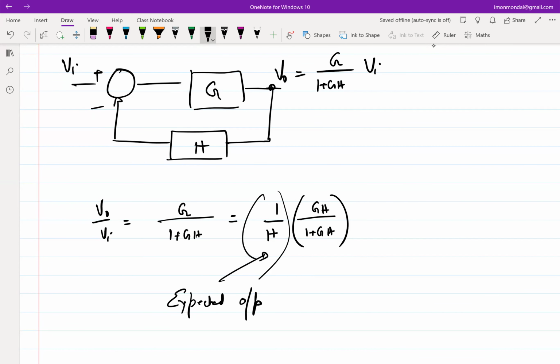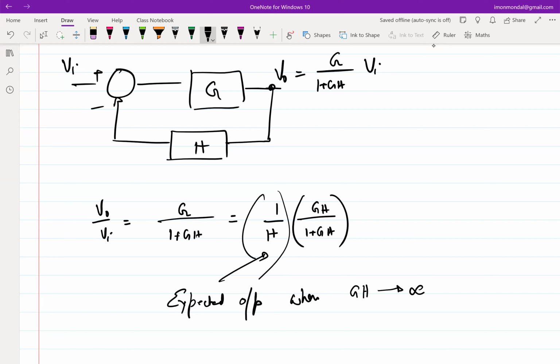And you will get this expected output under what condition? Yeah, G is very large, or in this case, if I express it in this form, it is assumed that H never goes to infinity. The expected output goes to 1 over H when GH tends to infinity.